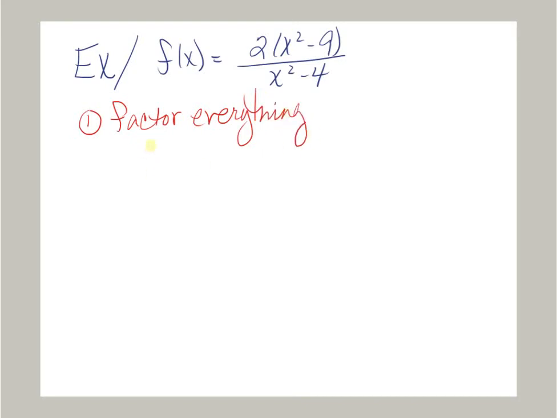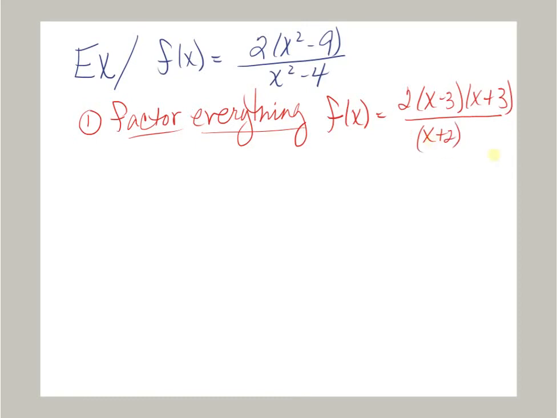Because through the factors, we reveal a lot of stuff. So we could rewrite f of x as 2 times x minus 3 times x plus 3 divided by x plus 2 times x minus 2.